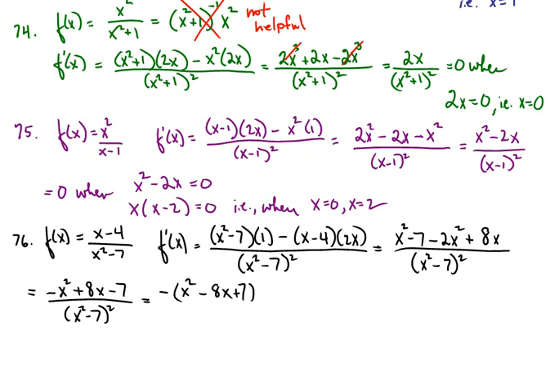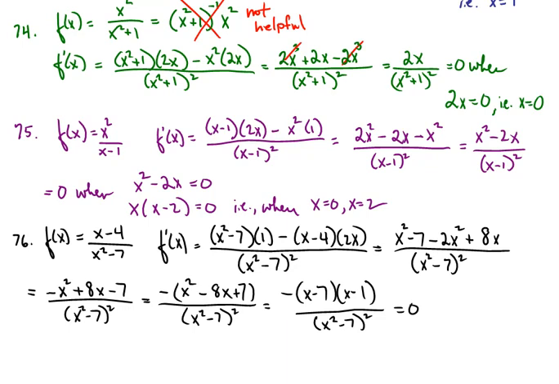That will leave me negative quantity x squared minus 8x plus 7 over x squared minus 7 quantity squared. Now x squared minus 8x plus 7 is going to factor to be x minus 7 times x minus 1, and a rational function is 0 when its numerator is 0, and it will be 0 whenever x is equal to 7 or x is equal to 1.